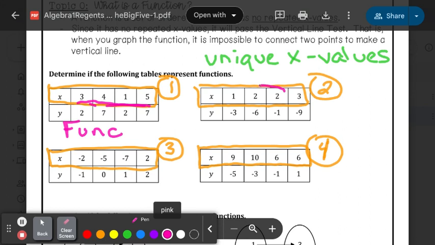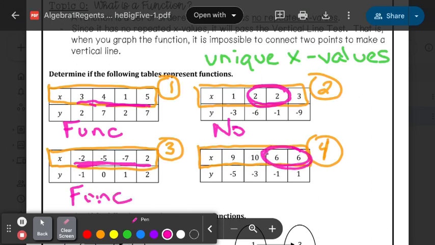For option 2, the 2's repeat, not a function. Option 3, these are all unique, so it is a function. And option 4, the 6's repeat, so not a function. So options 1 and 3 are functions.